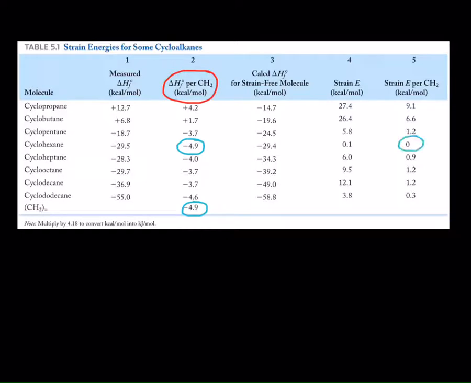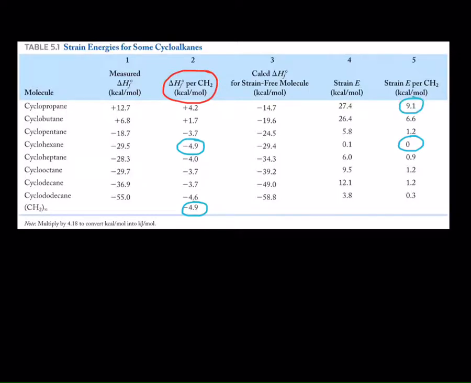And so we see that on the far right hand side, if we take into account the calculated heat of formation of a strain-free molecule, and we take the difference between the actual value and that calculated value, cyclohexane essentially has no strain associated with it, which we've already seen before. So that's the take home.